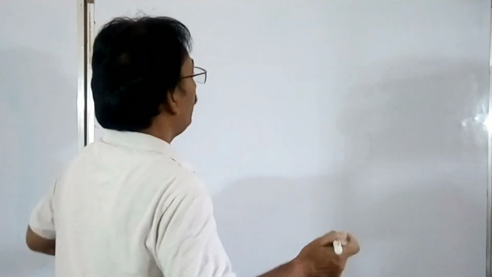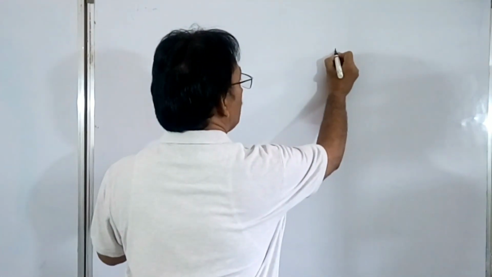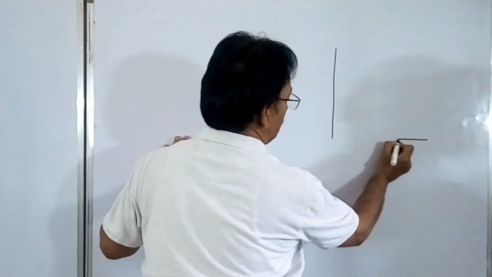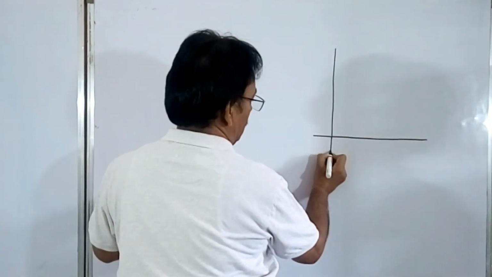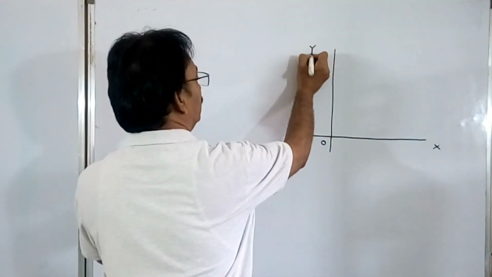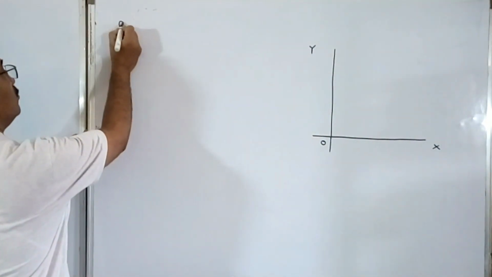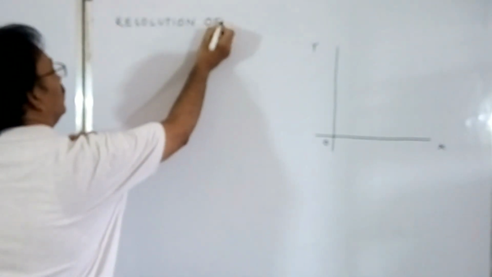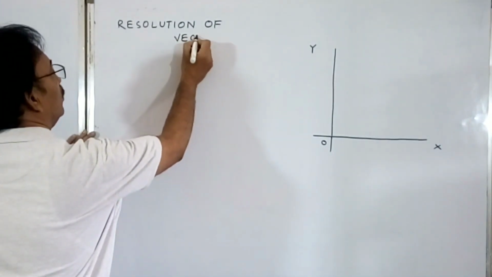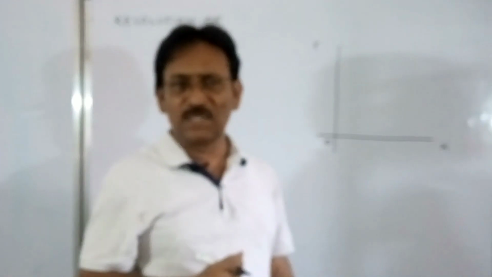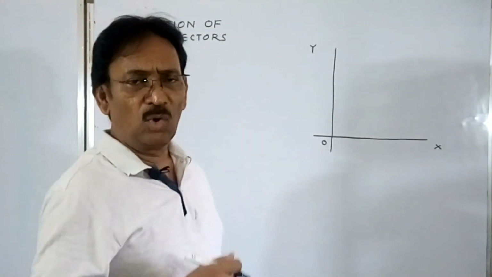Let's say it's a two-dimensional plane. We are resolving the vectors in two dimensions right now. This is the origin, this is the x-axis, and this is the y-axis. I already told you what resolution is: dividing a vector into two or more rectangular components.